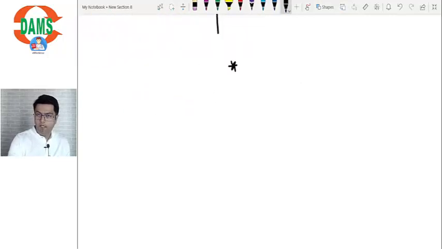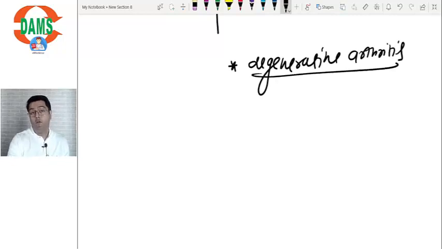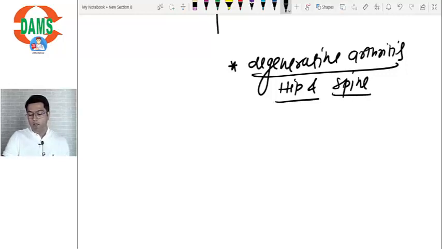Apart from that, this patient may present with degenerative arthritis of the larger joints, like the hip and spine. So most patients present with back pain. There is also a change in the pigmentation of the skin.